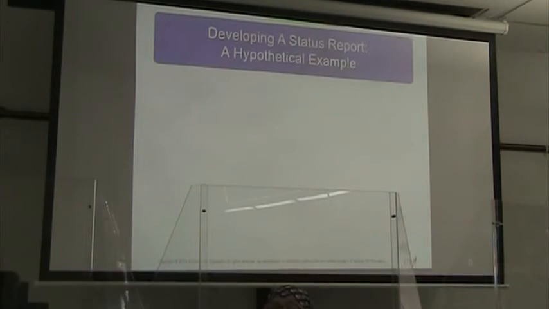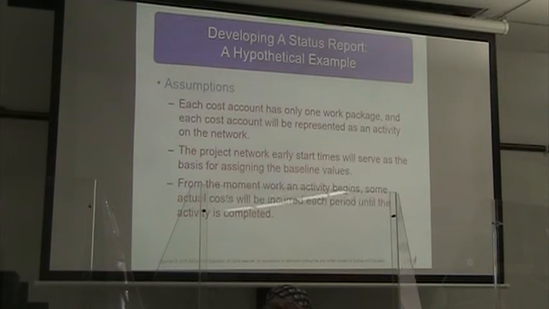All right, so when we're going to develop a status report, we're going to take a hypothetical example. First of all, we have some assumptions. We assume that each cost account has only one work package and that each cost account is represented as an activity on the network.